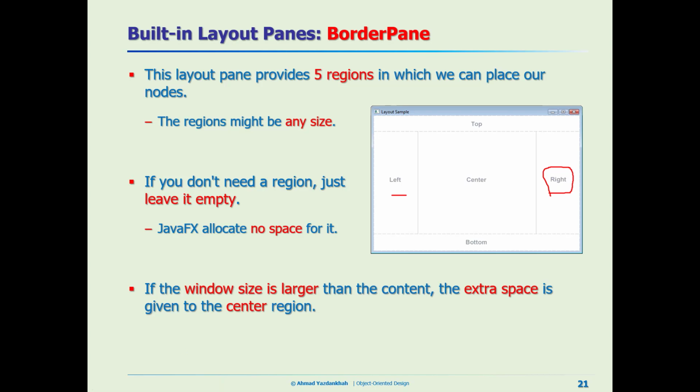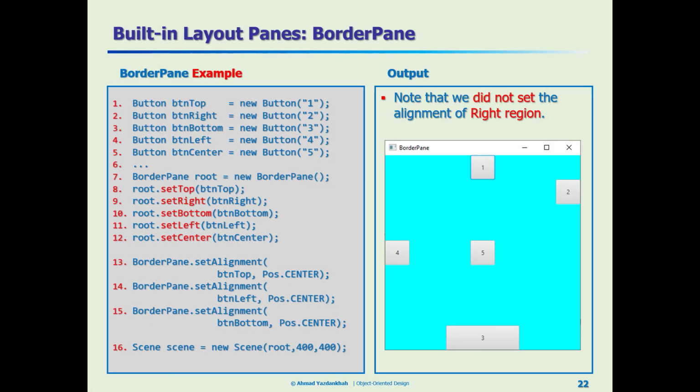All right. Okay, so here I put the code, and as you see, button number 1 is assigned to the top, button number 2 is assigned to the right, these 3 to the bottom, and this guy to the left, and number 5 is assigned to the center, right? Also we use this alignment to relocate the nodes based on our needs.